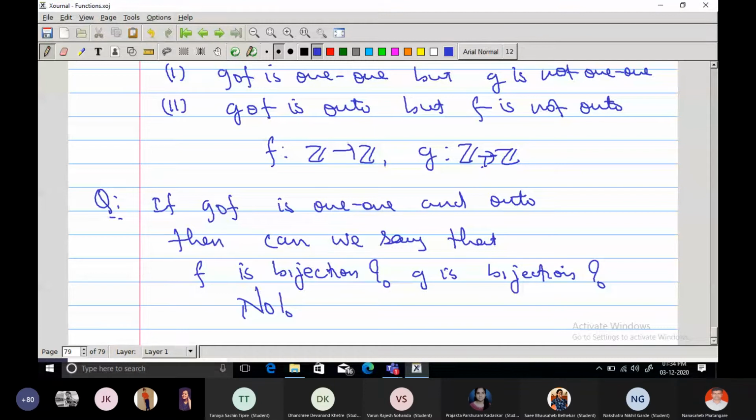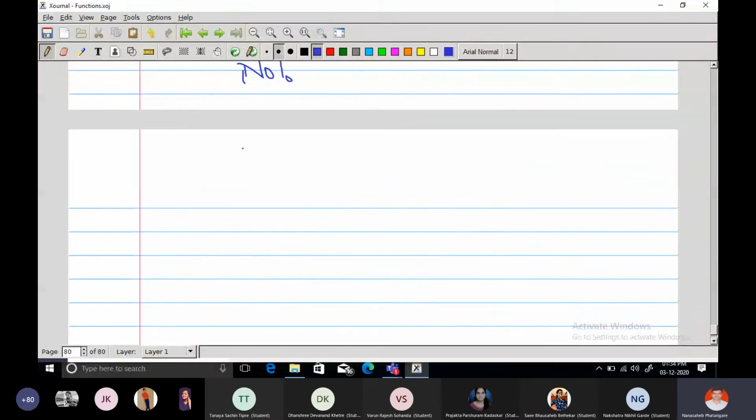But if you have another situation like this: if f is a function from set A to A such that f composite f. Now what can you say about f composite f?